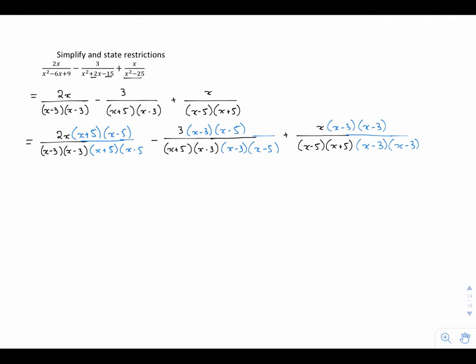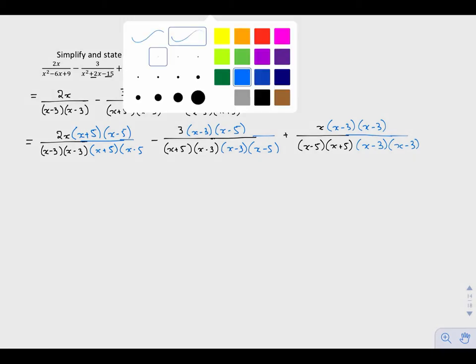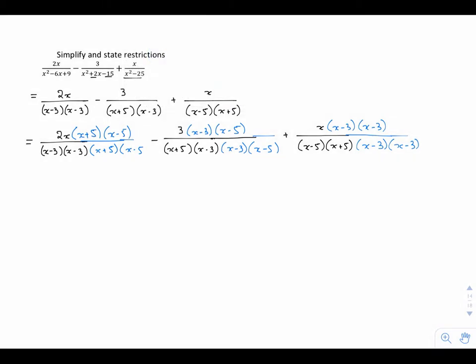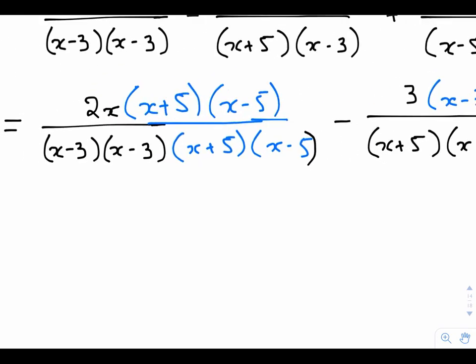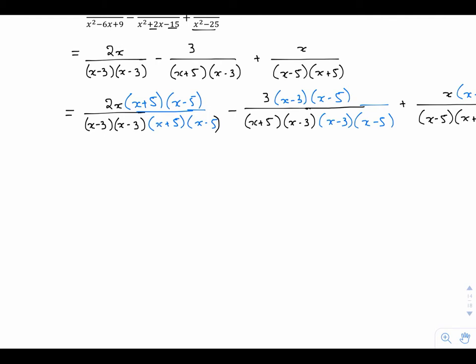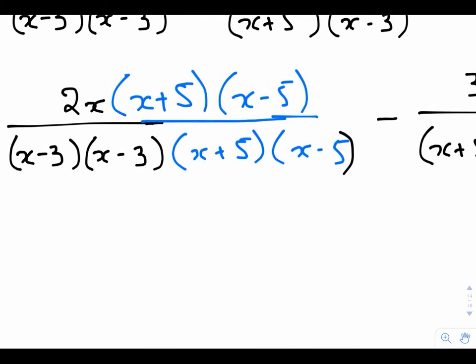set of rational expressions. At this point, it's probably wise to just state the restrictions. So one at a time. Let's look at our first set of denominators. Well, actually, at this point, the restrictions in one denominator are the restrictions for the entire expression because they have the same denominators. So here, I'll notice that x cannot be equal to 3.